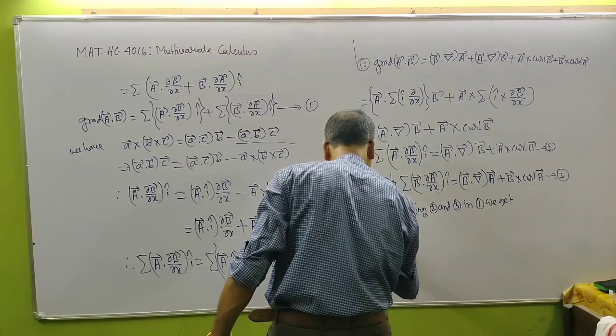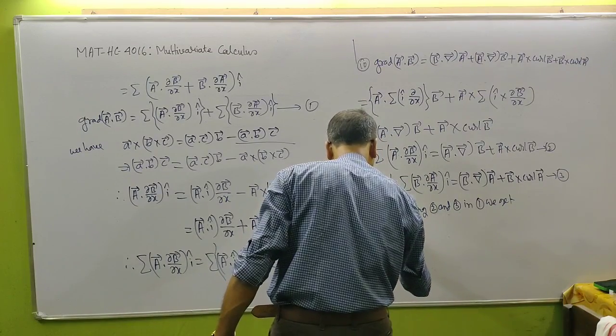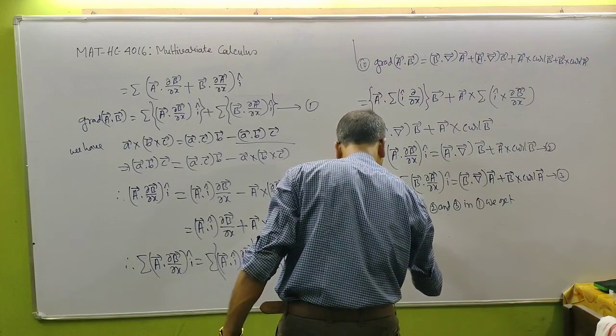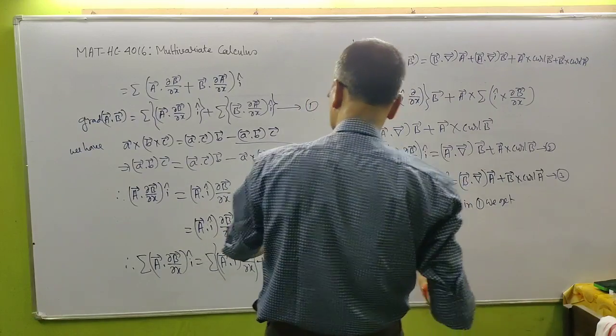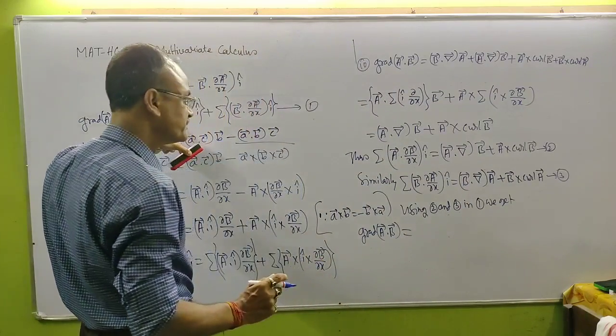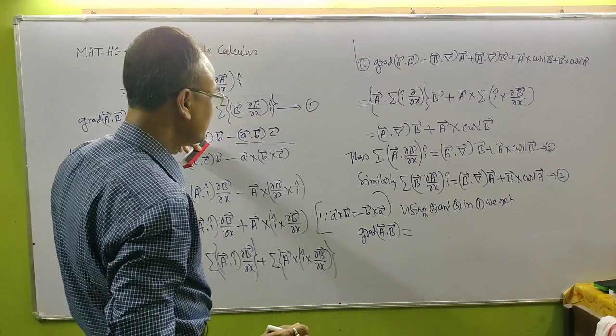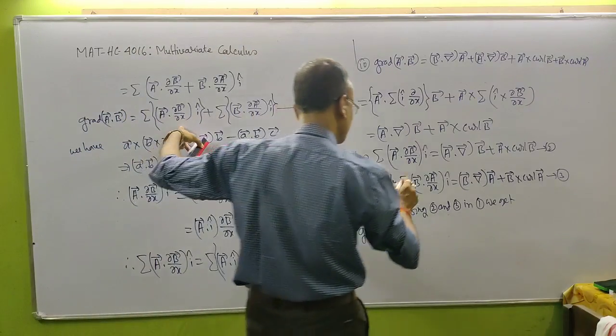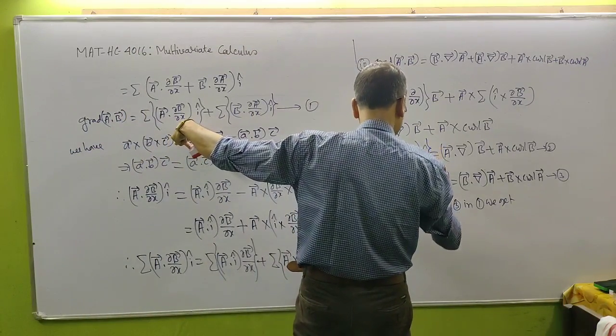We get gradient of A dot B. This is equal to this one. For this, you may write the bracket here also.